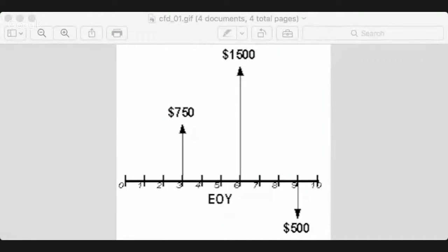So again, let me share my screen and let's look at a particular cash flow diagram. And there it is.